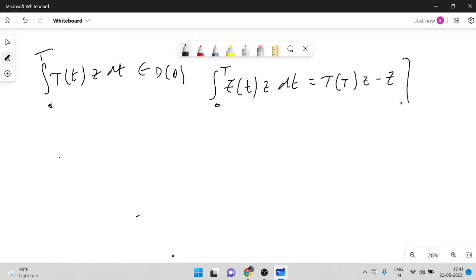So this is an identity. There are some properties of semigroups which we may actually want to know to understand the solution of PDEs.